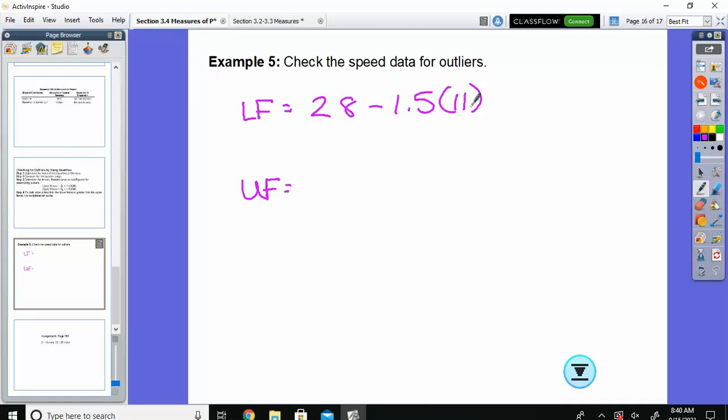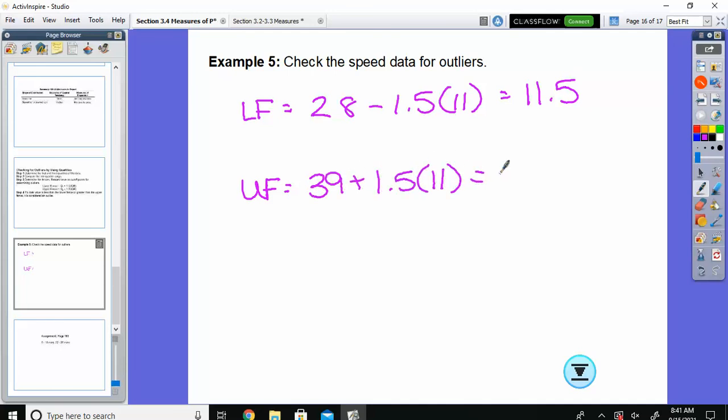So then if we calculate that, we get a lower fence of 11.5. So that means if you have any data points below 11.5, that's an outlier. Do we have any? No, so we don't have to worry there. Upper fence is quartile 3. In our speed data with the 100 miles per hour, what was the third quartile? 30.